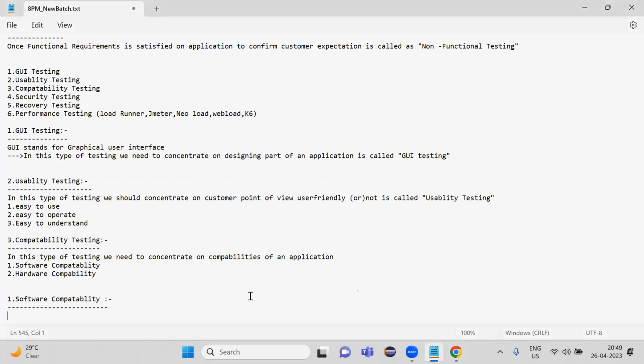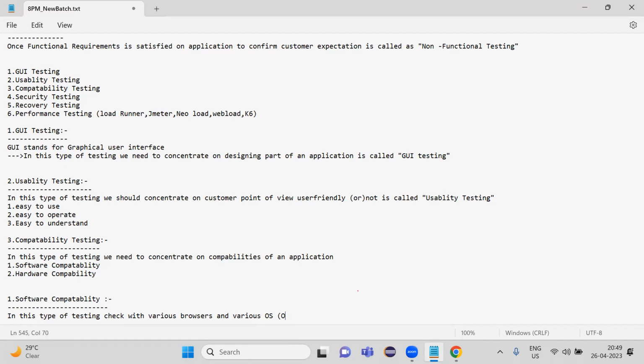What is software compatibility in this type of testing? What are we going to concentrate on? Check with various browsers and various operating systems.